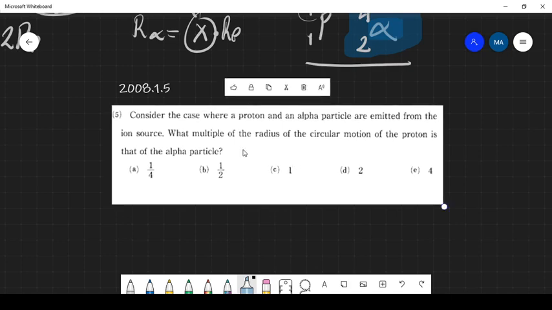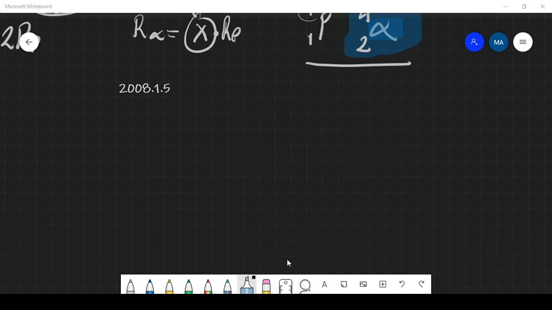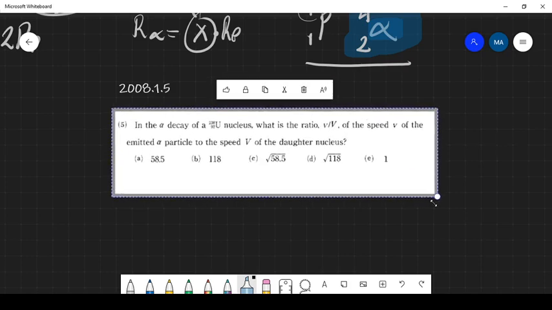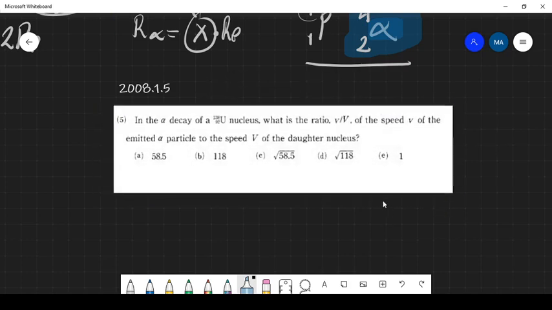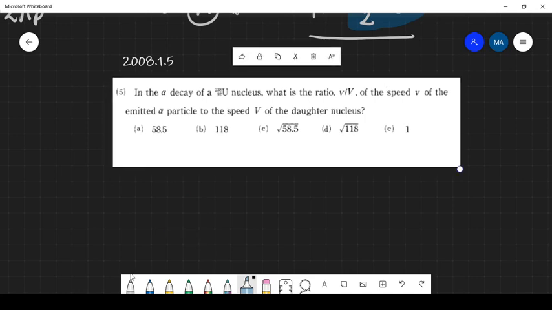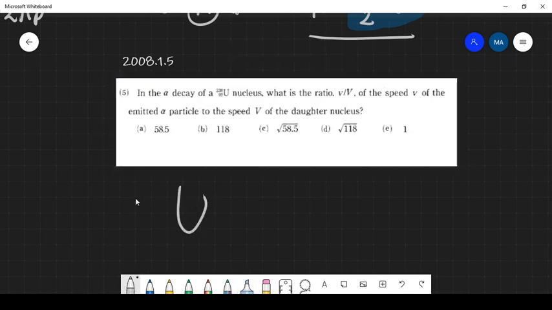Yes, now this is the question. In the alpha decay of a uranium nucleus with a mass of 238, this is the number of protons and this is the total mass.